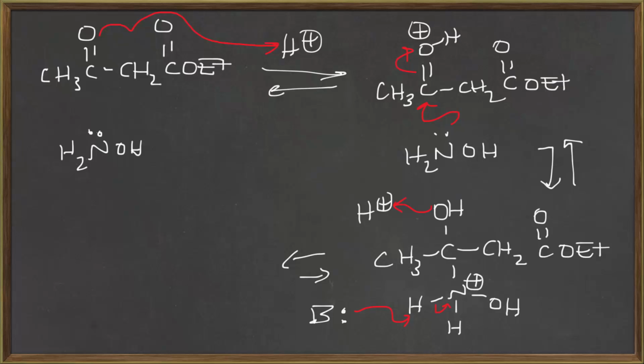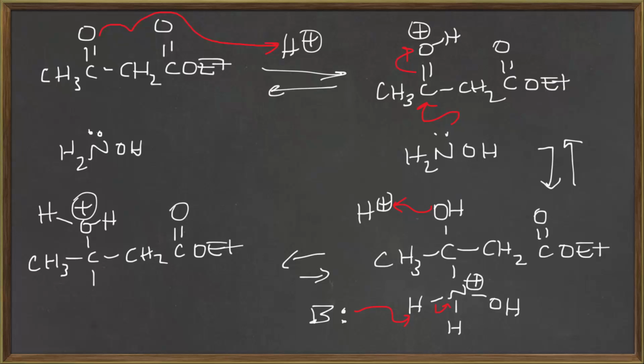I'm going to convert that into a good leaving group. So pay close attention to the fact that I am really careful about whether I'm under acidic or basic conditions. Okay, so there we go.